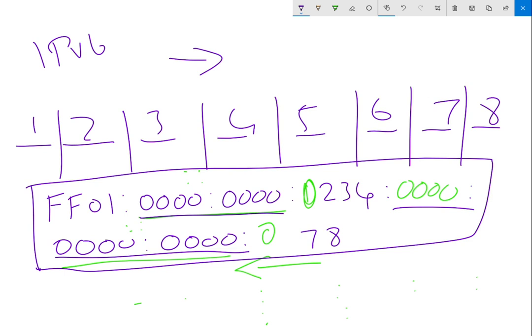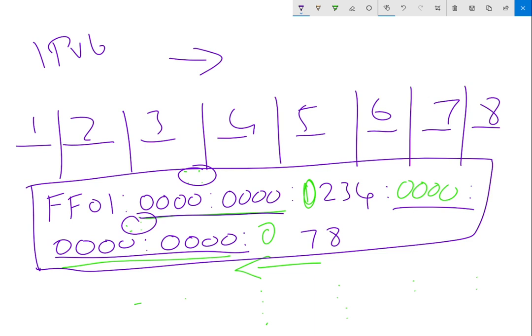You can't represent both successive zeros using double colons. Instead of that, you can choose only once, okay.